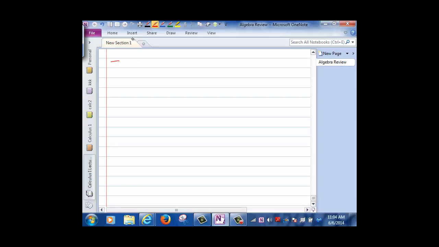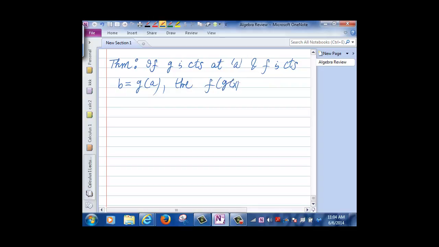One more fact that I want to give you now is that if g is continuous at the number a and f is continuous at the number b equals g of a, then the composition function f of g of x is continuous at a.